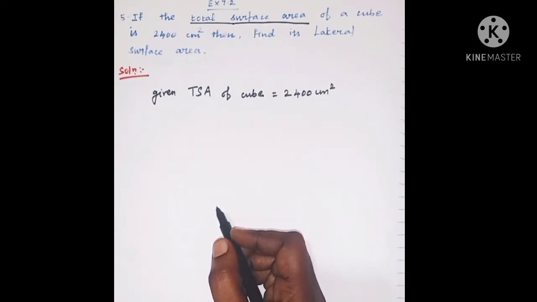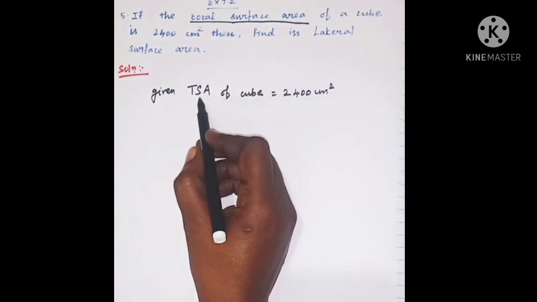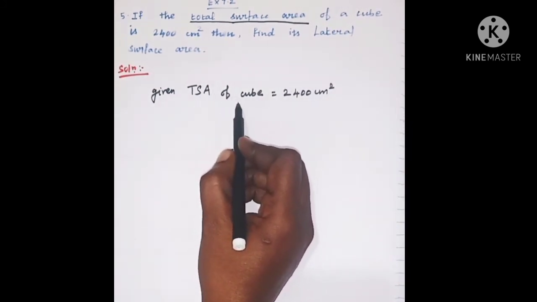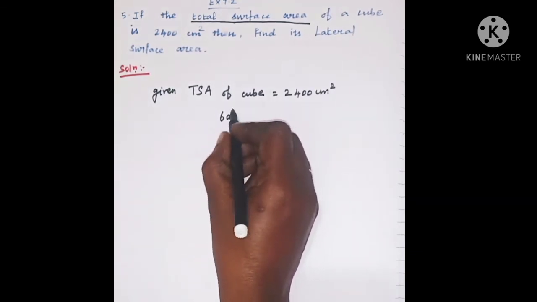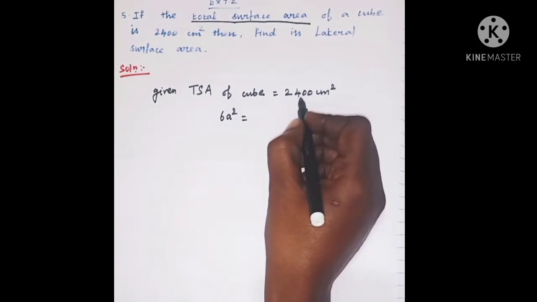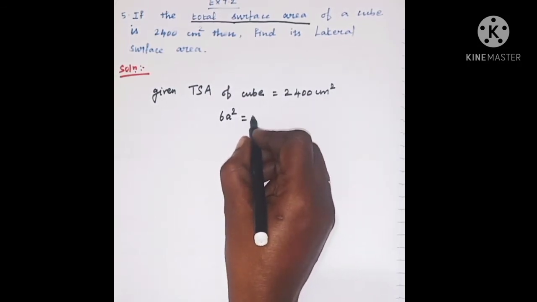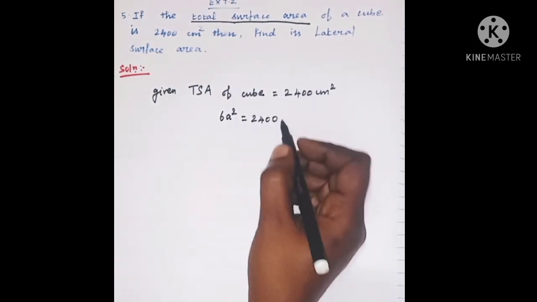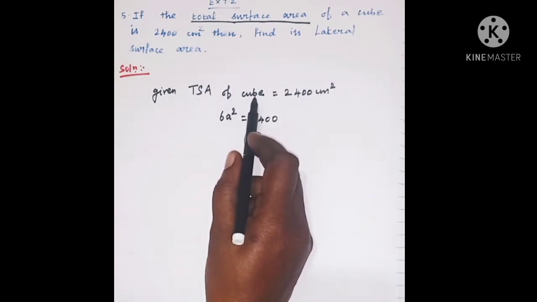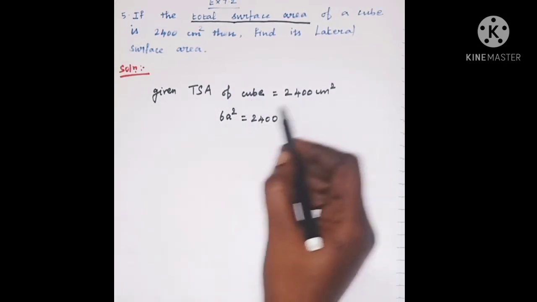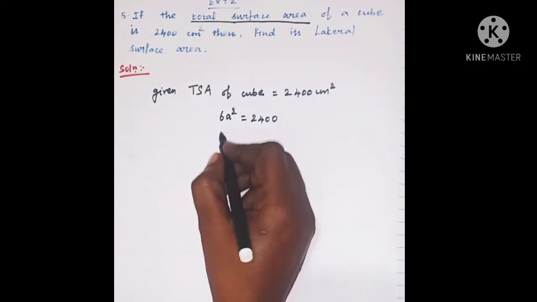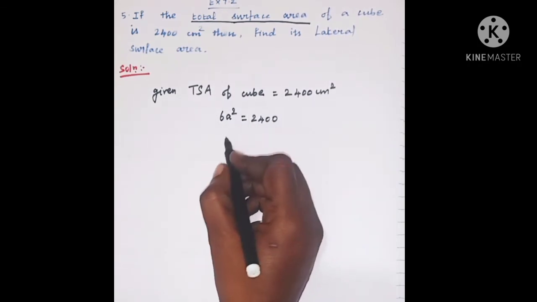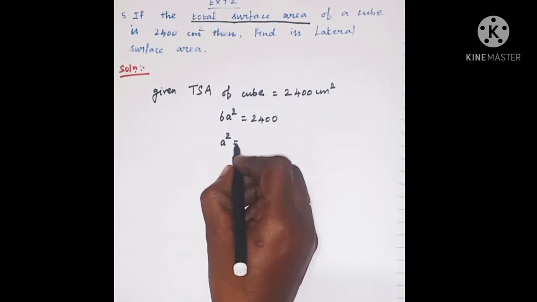Now we have to find the lateral surface area. What is the formula for total surface area of the cube? 6a square. So 6a square is equal to 2400, isn't it? From this equation we have to find the value of a square.